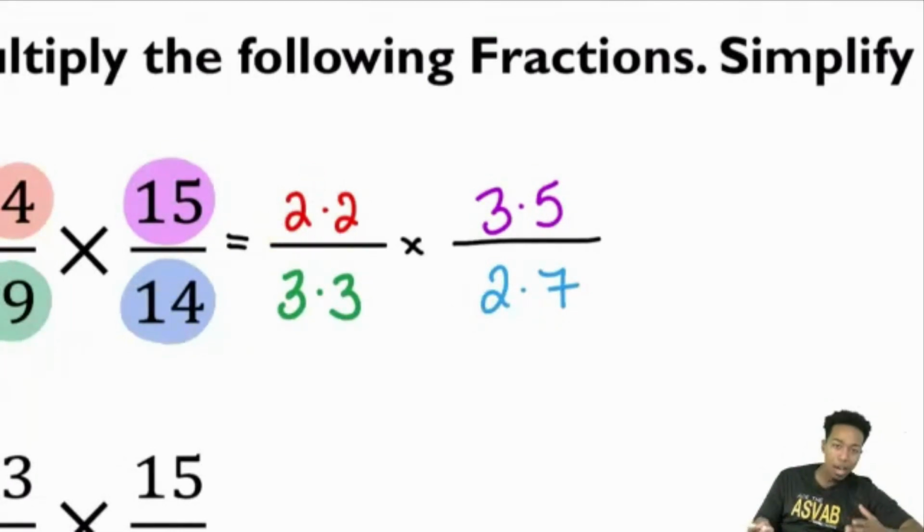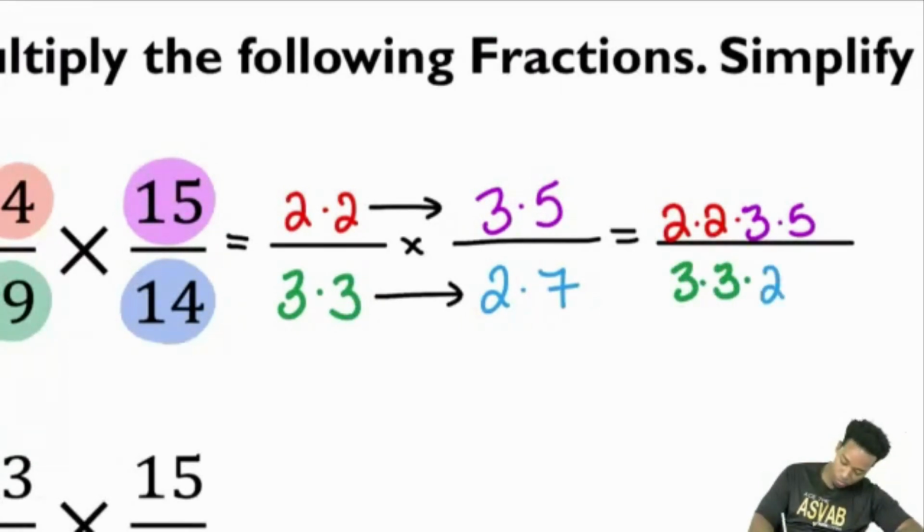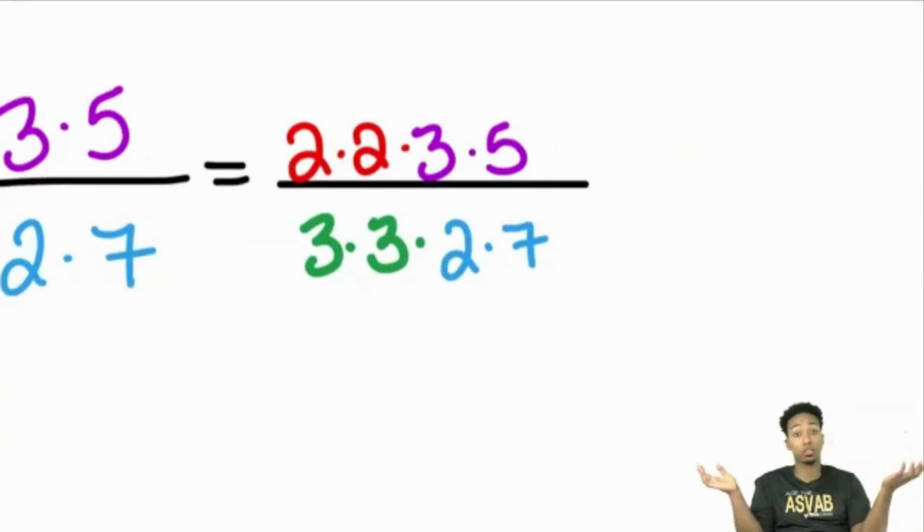You're allowed to cross simplify that way because this is literally this. If you're going to multiply the numerators and multiply the denominators, then what you have going on right now is literally the same thing. 2 times 2 times 3 times 5, and then on the bottom, 3 times 3 times 2 times 7. So everybody, now they're all in the same fraction.